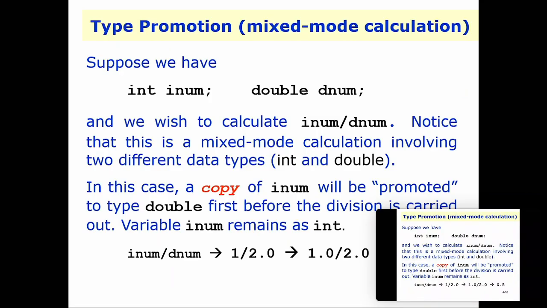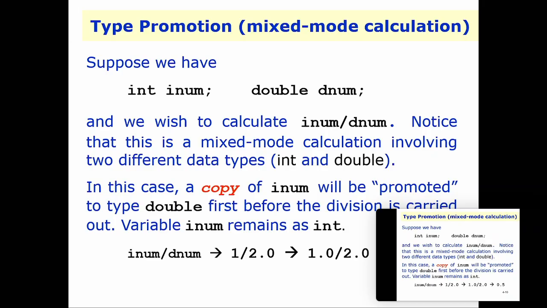Okay, then number 1 is 5 and number 2 is 2. Then now you have number 1 divided by number 2. Now what is the actual value? 5 divided by 2, it must be 2.5, right?